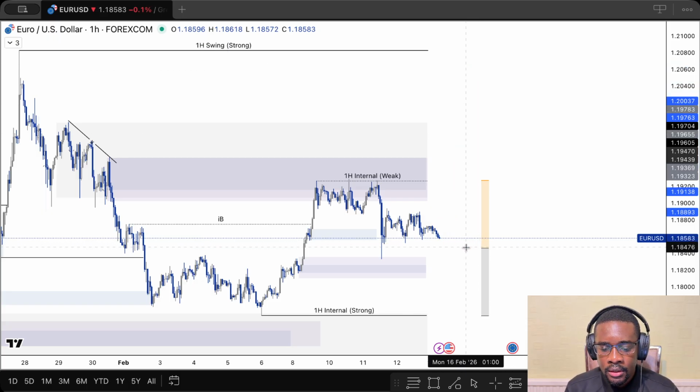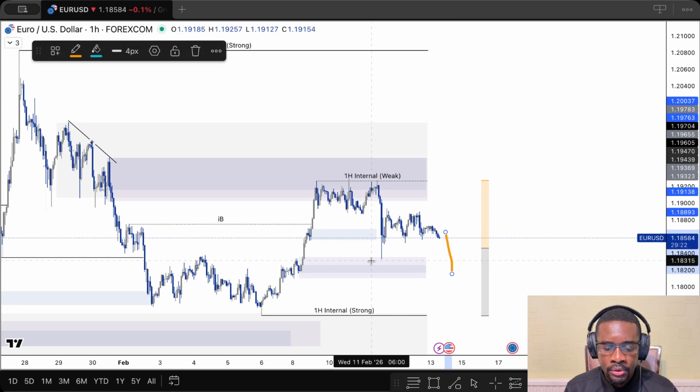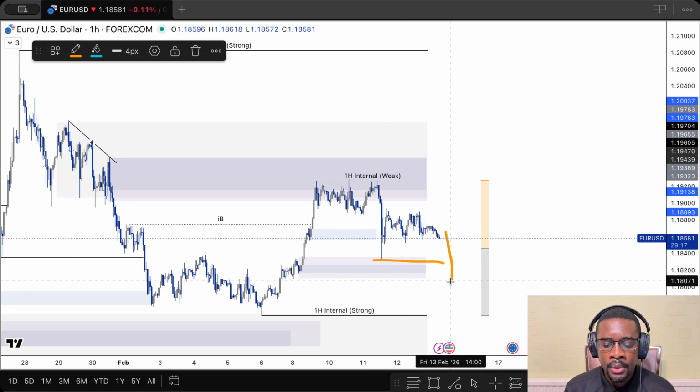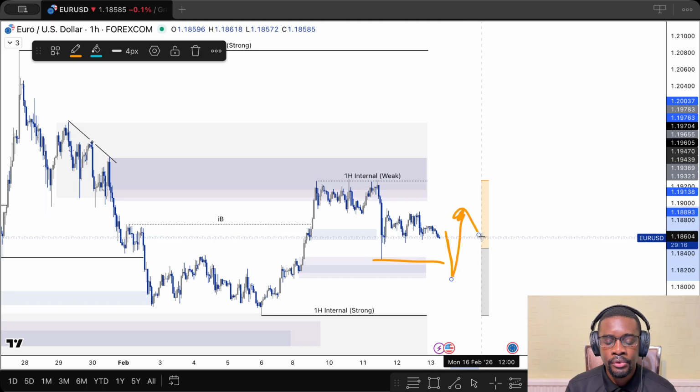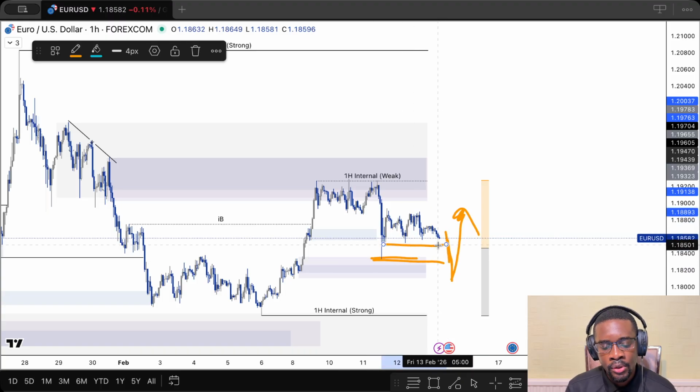Otherwise, we may take these lows, continue lower, and then maybe after that continue bullish. So obviously on lower time frames, you may be looking to go short, maybe towards this low or towards these relatively equal lows, and then after that look for going long.